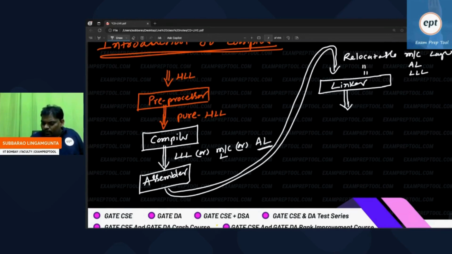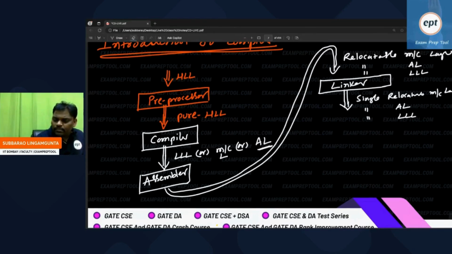Linker will convert to single relocatable machine language, single assembly language, single low level language. What it means, I will explain. Don't worry much, just try this. Within few minutes I will clarify.